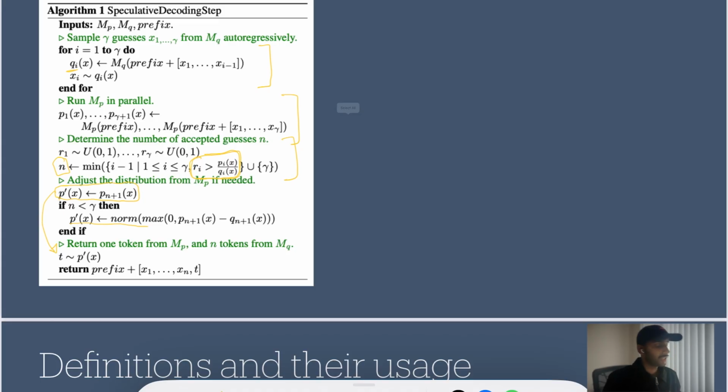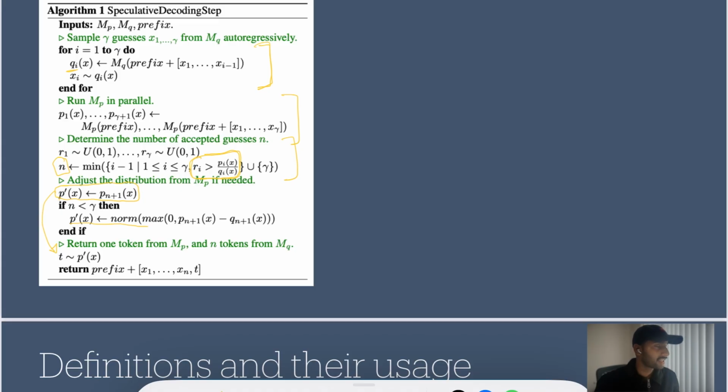So what we essentially are doing is first generating a few tokens autoregressively from the approximation model. We take all those tokens, concatenate them with the prefix, and give them to MP once. MP gives us all the gamma output probability distributions, and then we use those P and Q probability distributions, run a random experiment using uniform random variables, and get the first index where we hit a rejection.